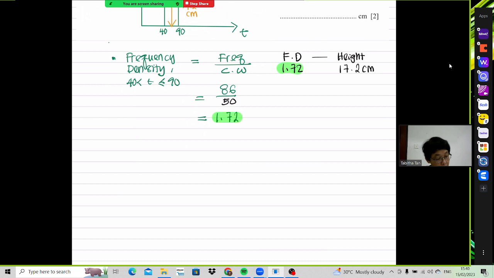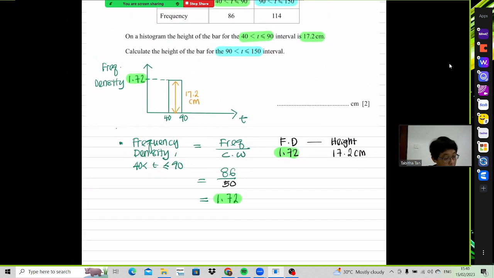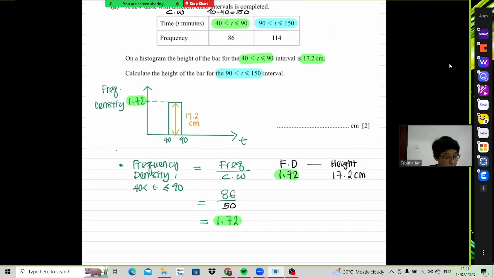Now let us go on to deal with the one in light blue, the one that they asked. Of course, let's say we are not sure what the height is. Would it be taller or shorter? This is the time between 90, and I'm going to join it from there.